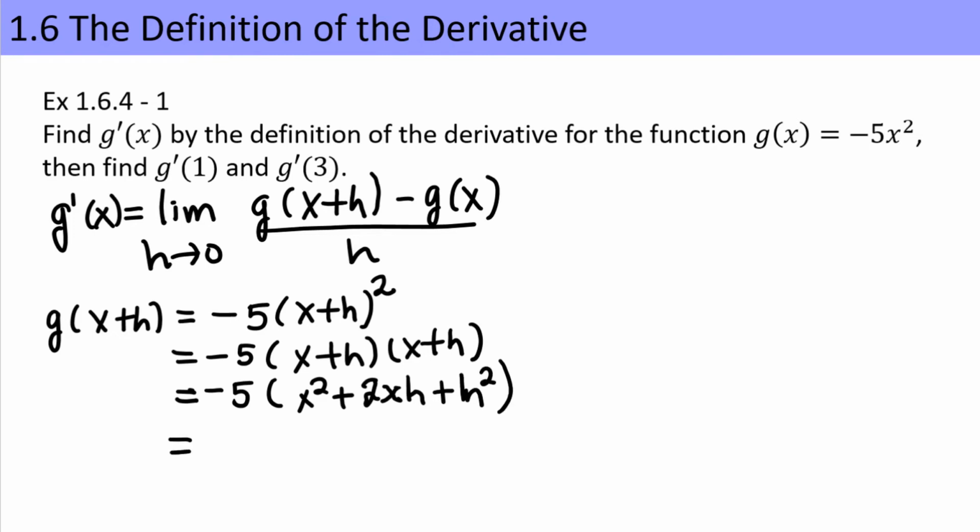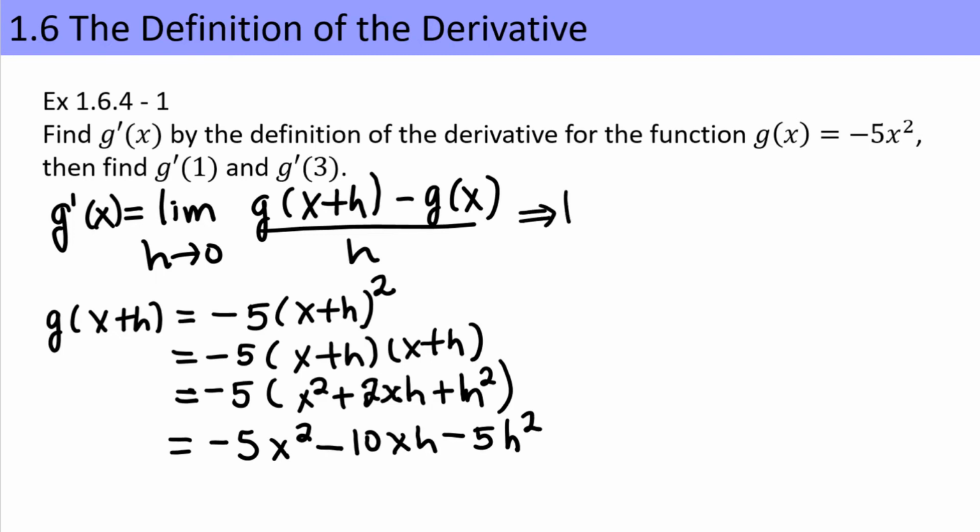Now distribute the negative 5, so you have negative 5 x squared minus 10 times xh minus 5 times h squared. Let's put it all together.